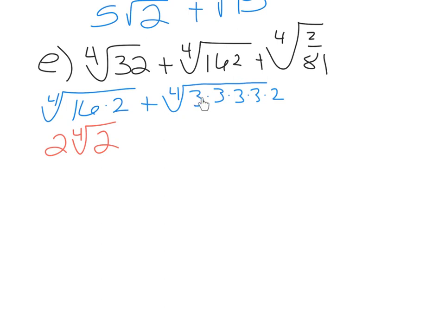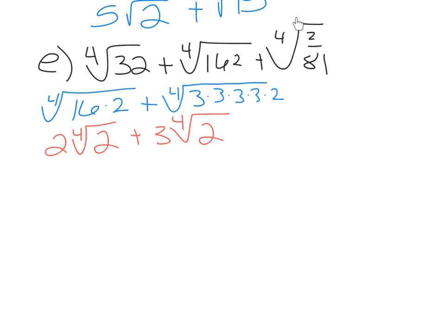But that basically tells you that there is a group of 4 3s here. When they come to the outside, they'll be this one. So this is going to be 3 times the fourth root of 2. And already I can see this is pretty good here because they both have a fourth root of 2. I'm going to be able to add those two terms together.